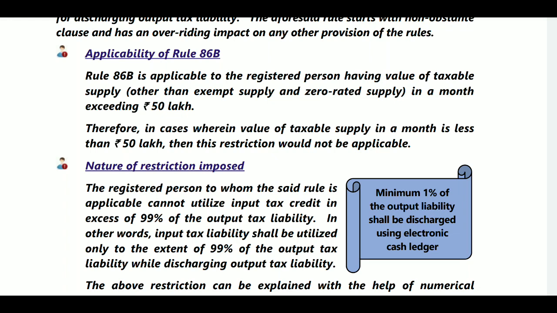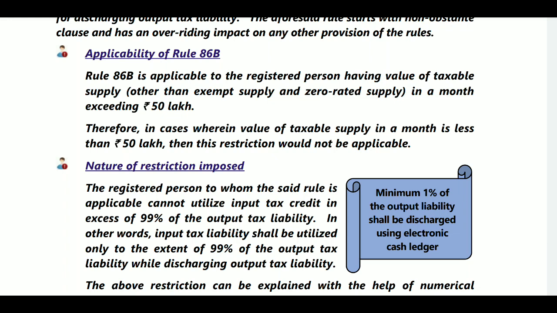In cases where the value of taxable supplies in a month is less than 50 lakhs, this restriction would not be applicable. So rule 86B will come in force only when the taxable supply exceeds 50 lakhs.